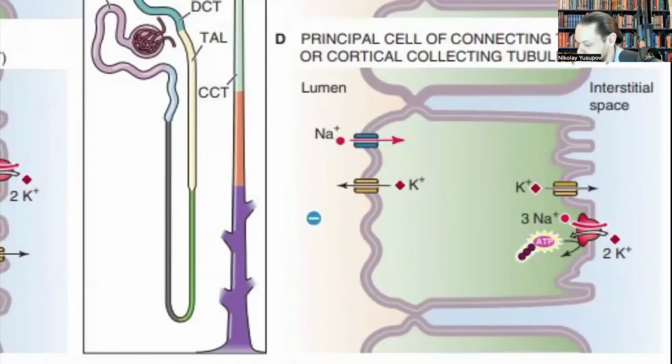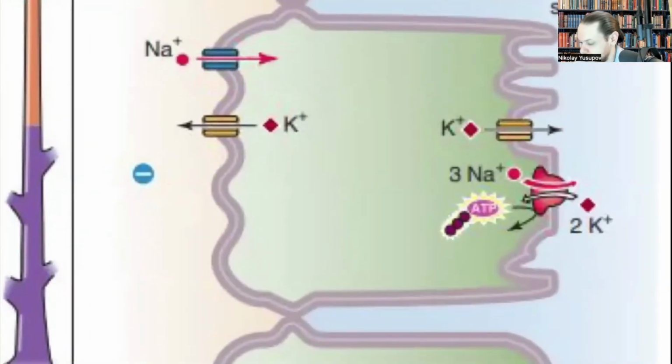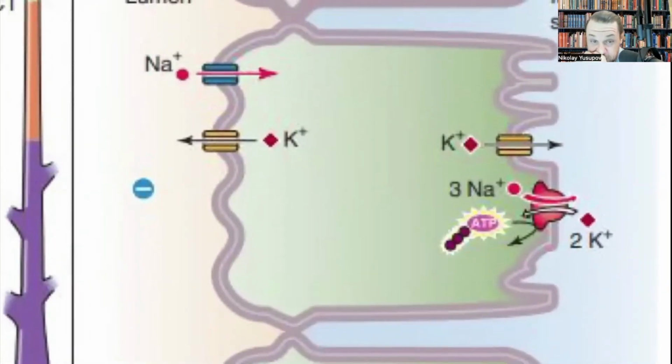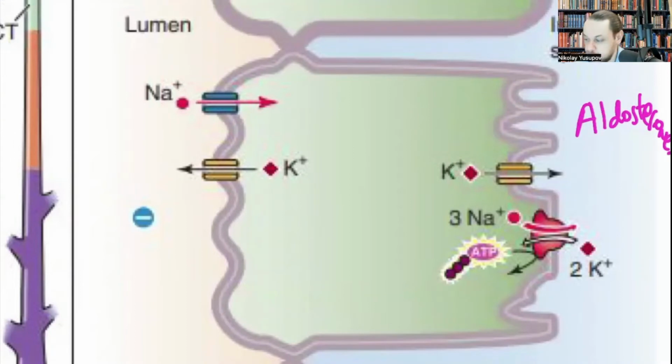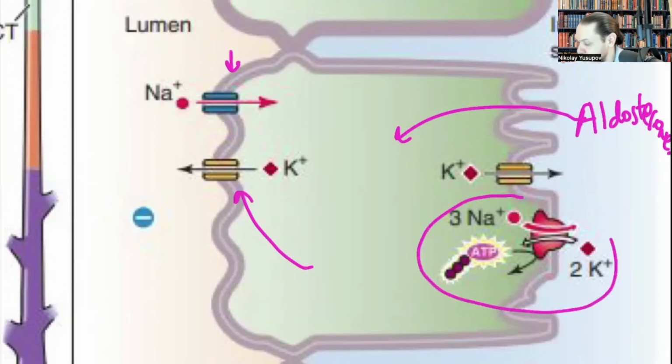So we talked about this. Now think about this: I gave you an excess of aldosterone, or aldosterone is being secreted. What does it do? It comes to the cell. It makes more of these sodium channels, more of these potassium channels, and more of these sodium potassium ATPases.